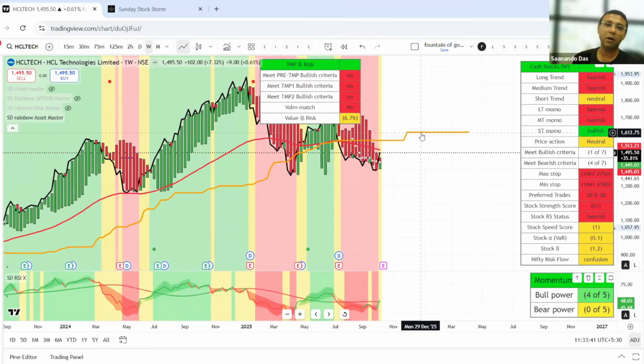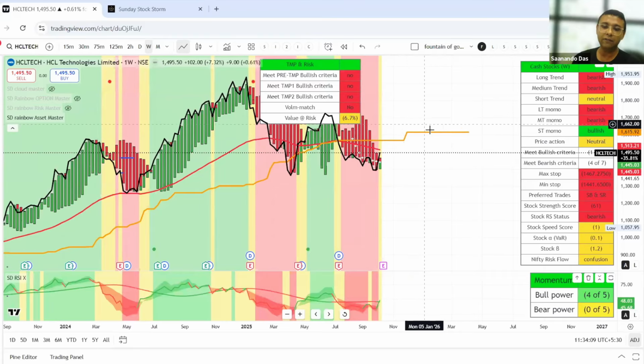I have discussed that stocks or commodities, the price, generally tend to follow the principle of water. Water will always try to follow the path of least resistance. Similarly, stocks will try to follow the path of least resistance.